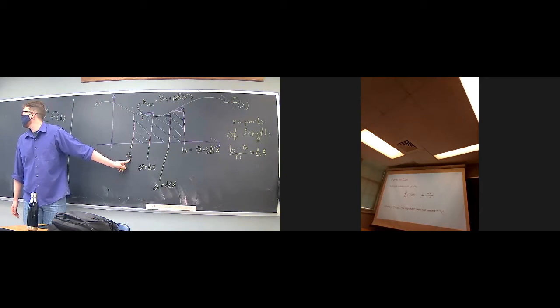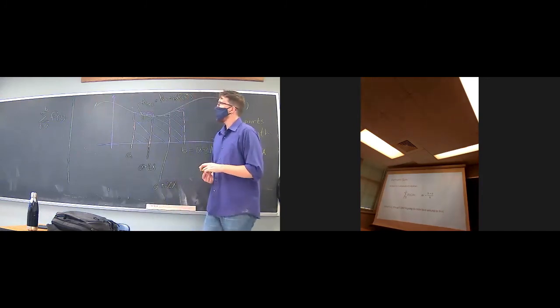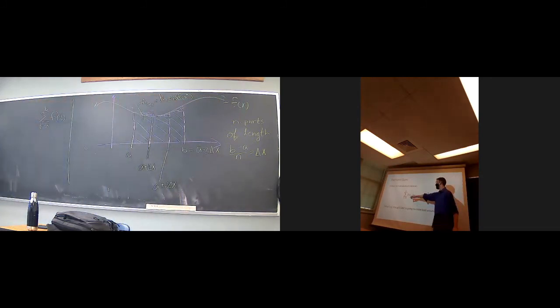There's a typo here. Should have been starting at 1. Starting at 1, we're going to break these up. Yeah, it should have been starting at 1, or this should have been k minus 1. Either case will work, and that's just because of the way the algebra shakes out.